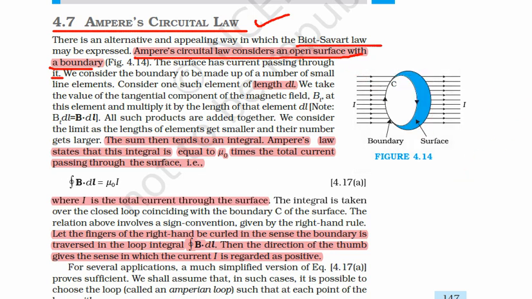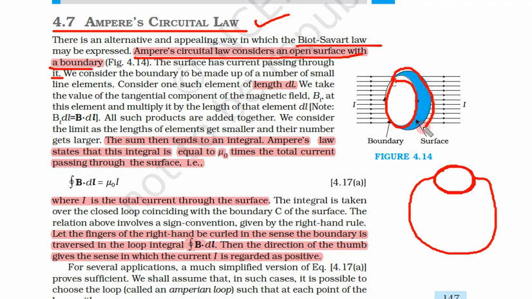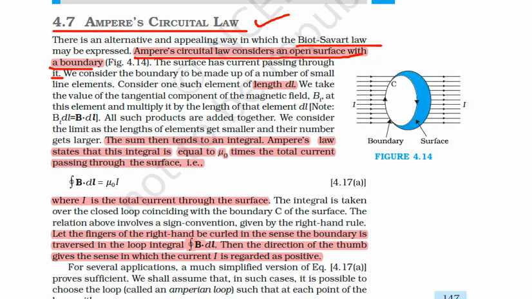If you see any pot, at the end of the pot there is a mouth of the pot, or open surface of this pot. So this is the boundary and this is the whole pot, or the surface.